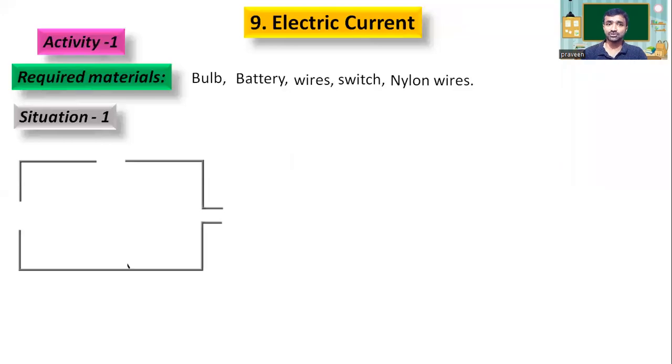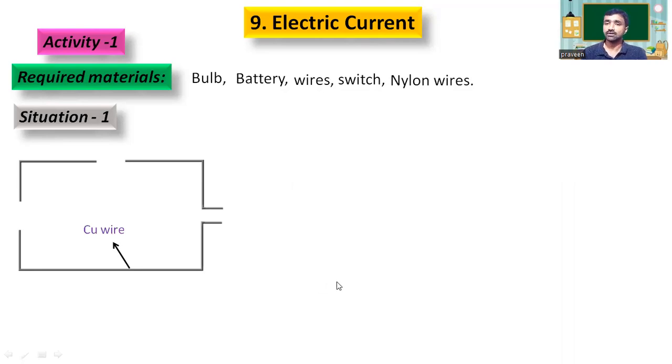I left three gaps. What type of wires did I use here? Copper wires, three pieces. Then I connected them like this. Then I am going to fill the gaps using the bulb, battery, and switch.